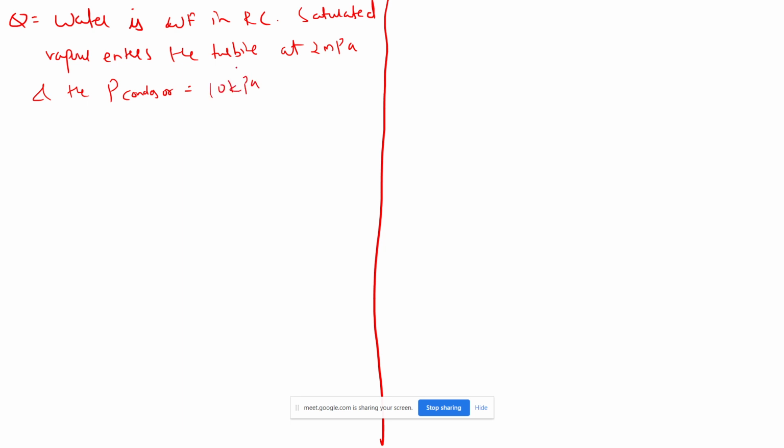Pump work is negligible. We have to determine the efficiency of the cycle. Okay. We give the data at 2 megapascal.